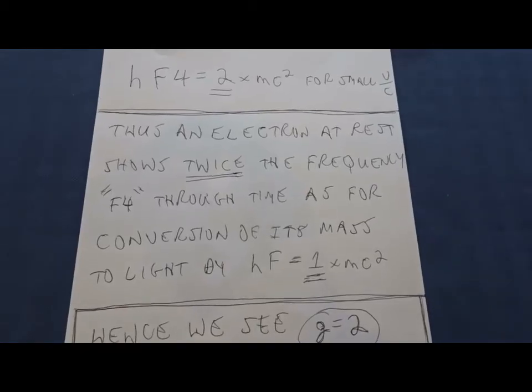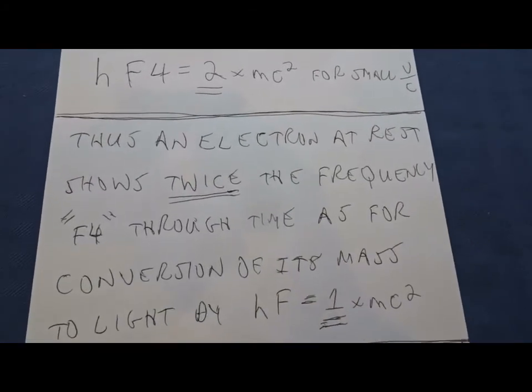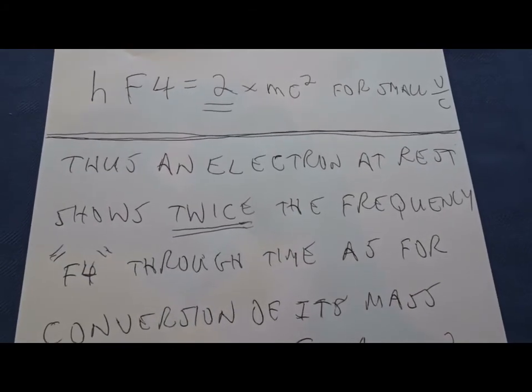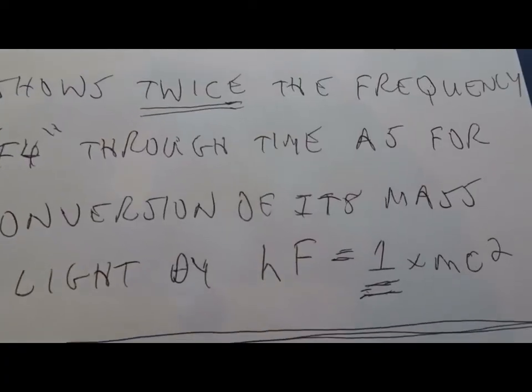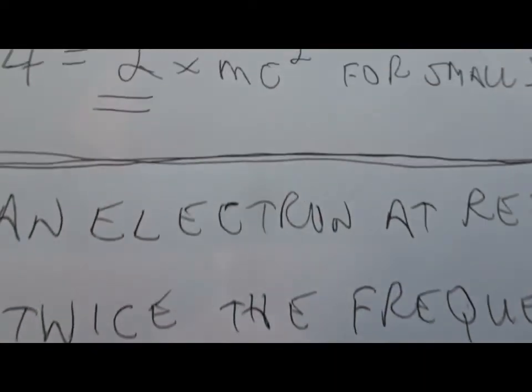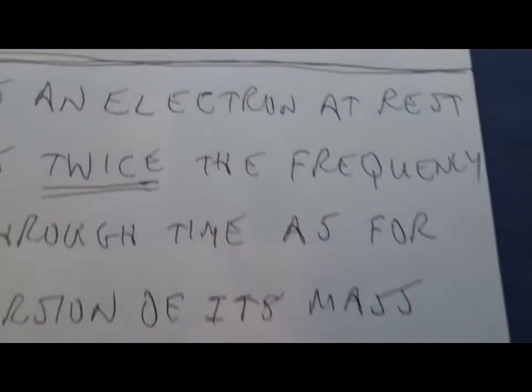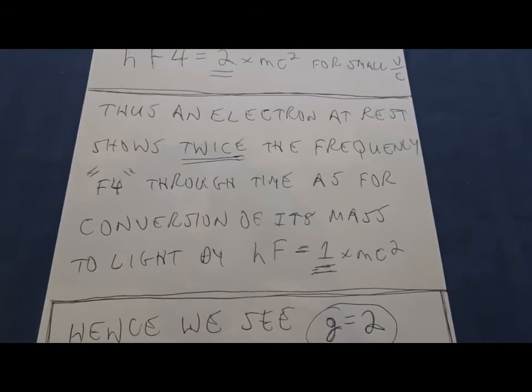The reason why this result is unexpected is because the electron at rest shows twice the frequency through time as for conversion of its mass to light by the formula hf equals 1 times mc squared. Now we've got hf equals 2 times mc squared, so the frequency is twice as high as expected.